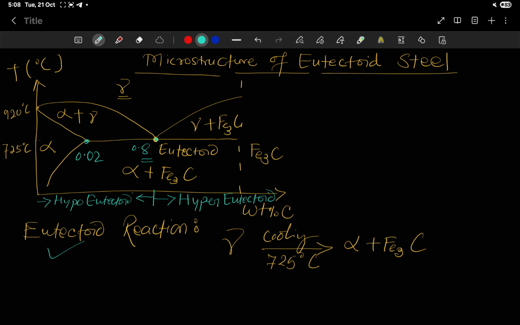Now let's explore the microstructure evolution when the gamma austenite cools at this particular concentration and comes to this region. Okay, now we will do it in another slide.